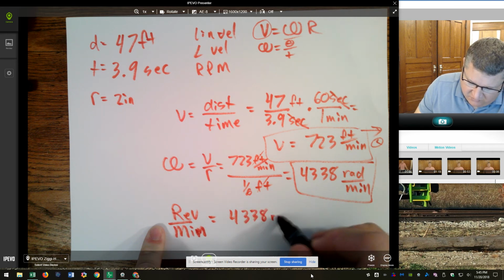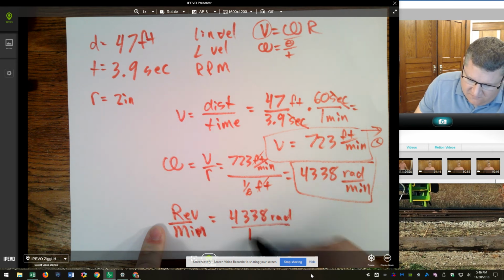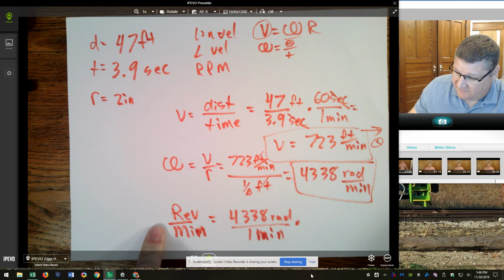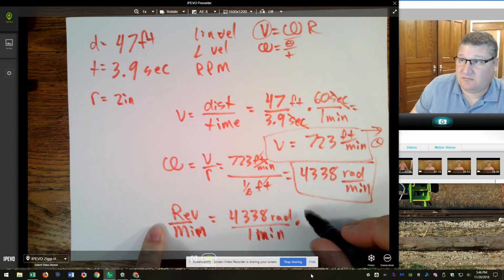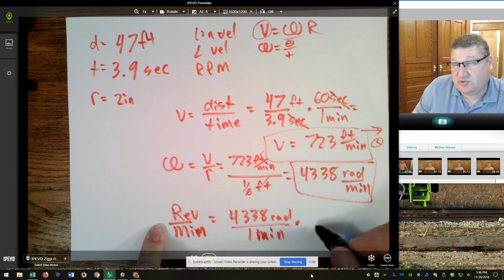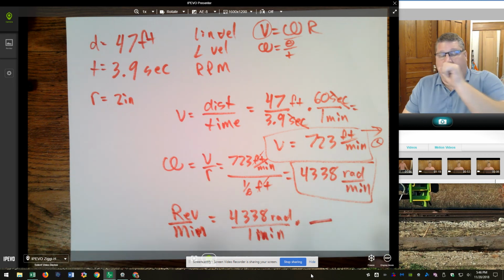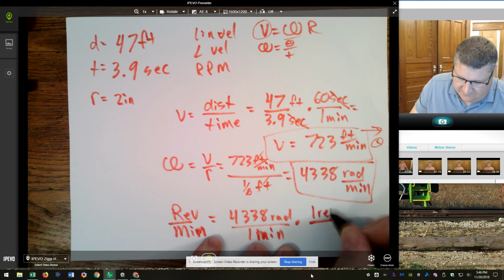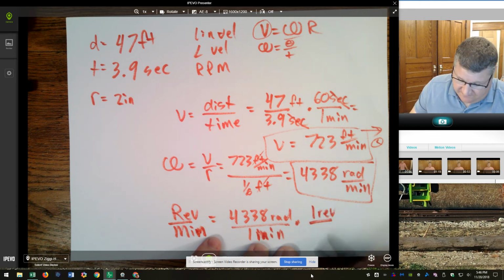4338, that's in radians on top, over 1 minute in the bottom. So I have the unit of time that I want. What I don't have is my revolutions. One revolution is 2 pi. So I'm going to take one revolution and divide it by 2 pi radians.